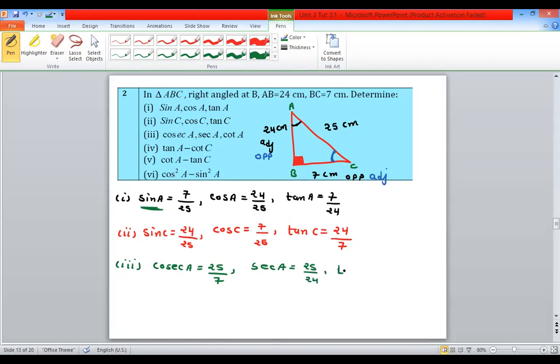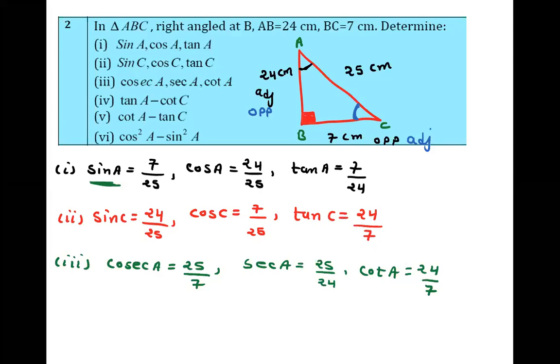And the tan A, sorry, cot A is a reciprocal of the tan A. The reciprocal of the tan A, it's 24/7. Okay. Now, we can find tan A and cot C.